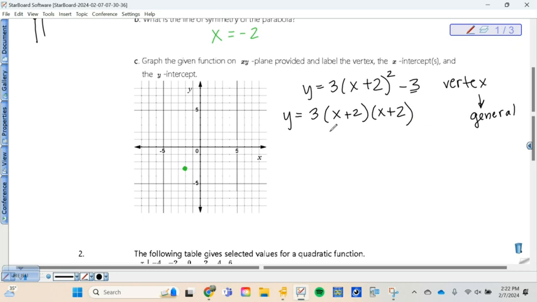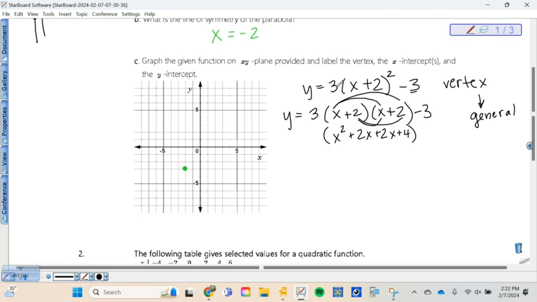X plus 2 squared is just x plus 2 times x plus 2, and then minus 3. Okay, so now we FOIL. First times first is what? X squared. What's my outer times outer? My inner times inner. And my last times last? 4.